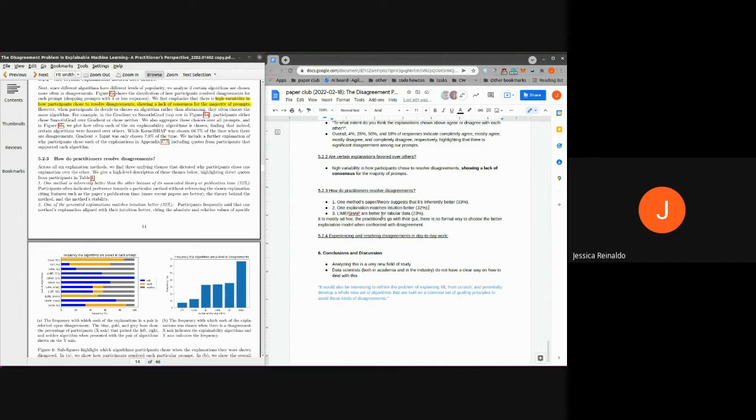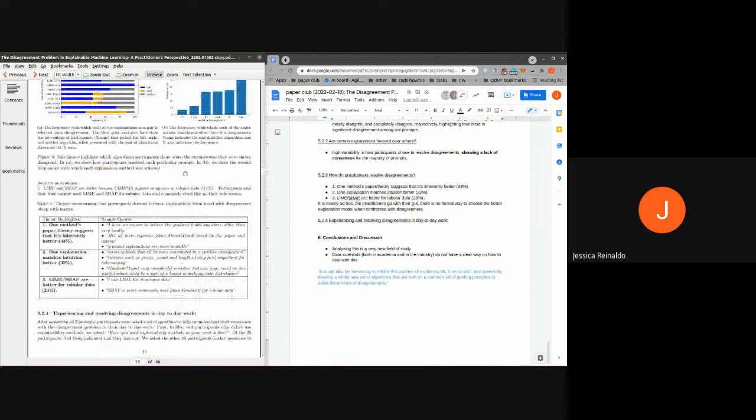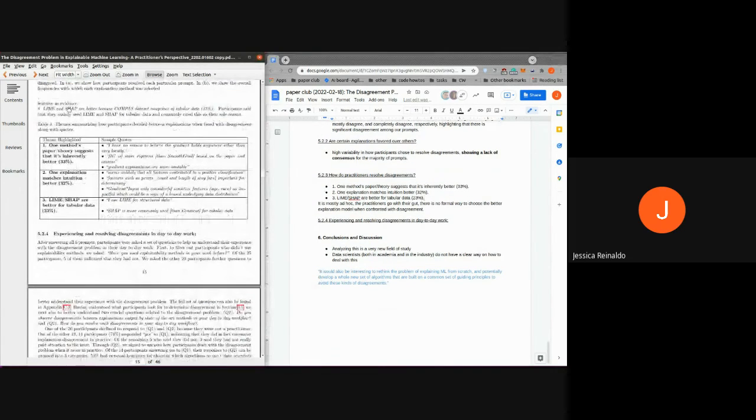And for tabular data, they prefer Lime and SHAP because they believe that they work best for tabular data. So this is basically it. There are here some sample quotes for each of these types of questions.